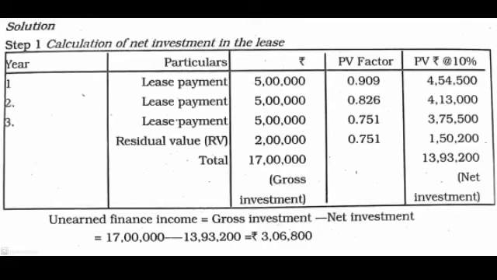Then there is a difference between the gross investment and net investment. Such a difference is called unearned financial income. So here the amount is 3,06,800 only. That is the amount of unearned financial income, which is the difference between gross investment and net investment.